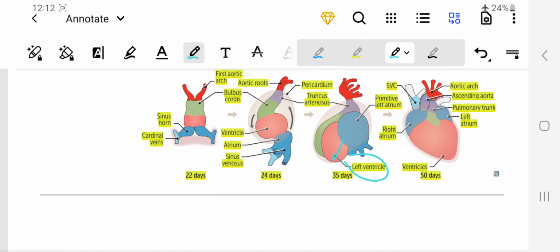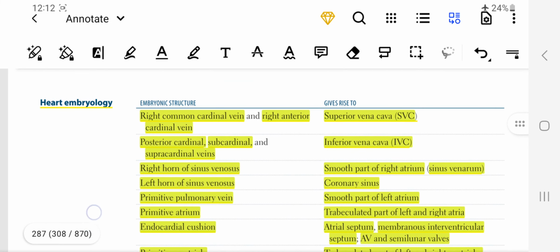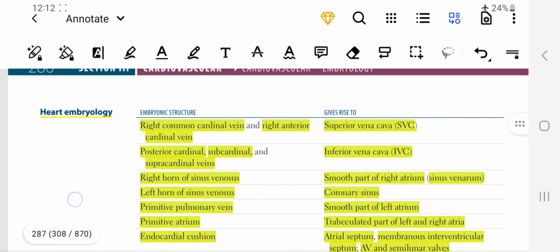Then we have atria, same thing. Then on day 50 we have the right atria, then we have ventricles. Then we have the superior vena cava that would be formed from the right common cardinal vein and with that the anterior cardinal vein.